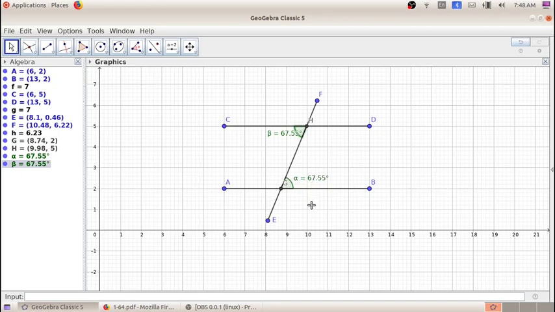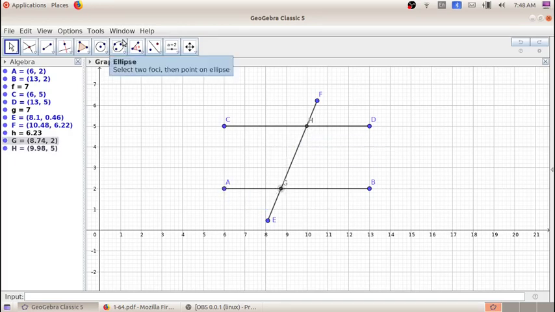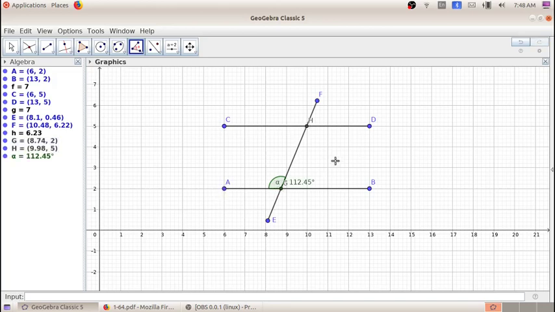Now I'll show you one more alternate angle, this one. Okay, sorry, angle tool, HGA and GHD.